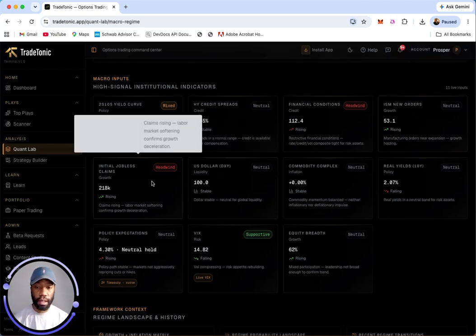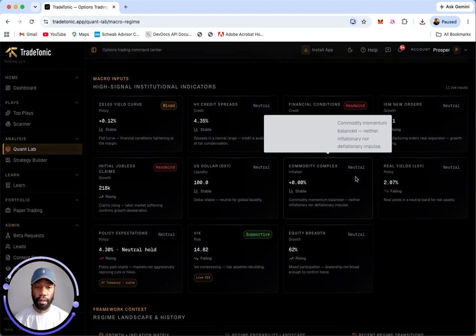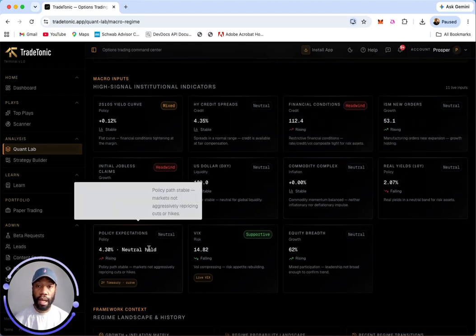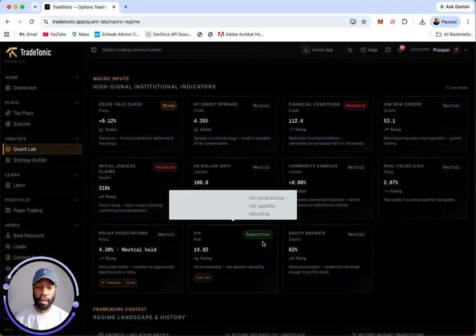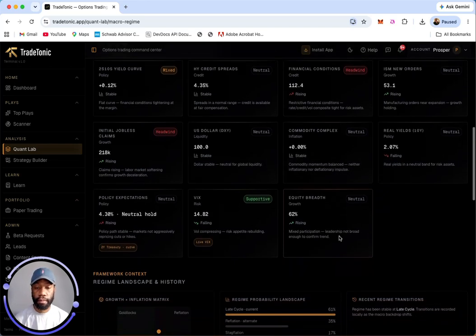Initial jobless claims is another macro factor that we bake into our model. The dollar, commodities, real yields, policy expectations with regards to FOMC and the Fed, the volatility index, and just the overall breadth of the equity market.